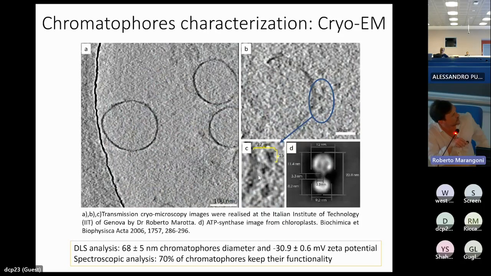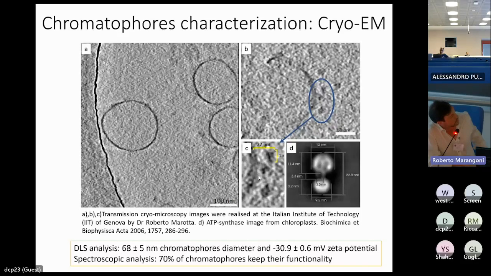We measured this kind of dimension. This is some EM analysis. You can see that they are perfectly rounded, and here you can see the ATP synthase. This is an enlargement that is oriented in the right direction.